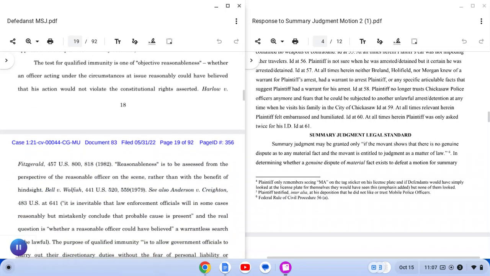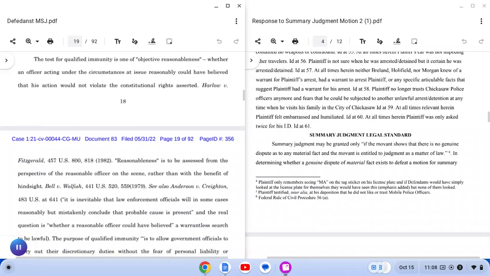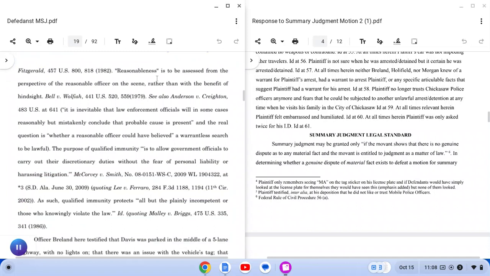The test for qualified immunity is one of objective reasonableness, whether an officer acting under the circumstances at issue reasonably could have believed that his action would not violate the constitutional rights asserted. Harlow versus Fitzgerald. Reasonableness is to be assessed from the perspective of the reasonable officer on the scene rather than with the benefit of hindsight.